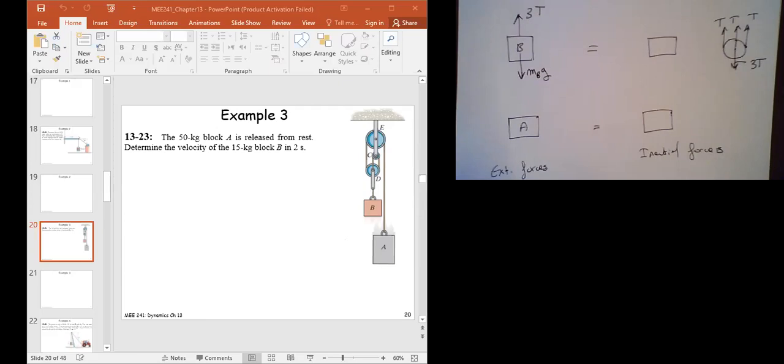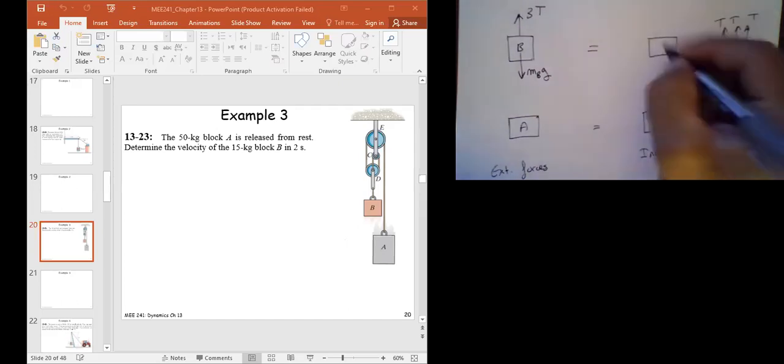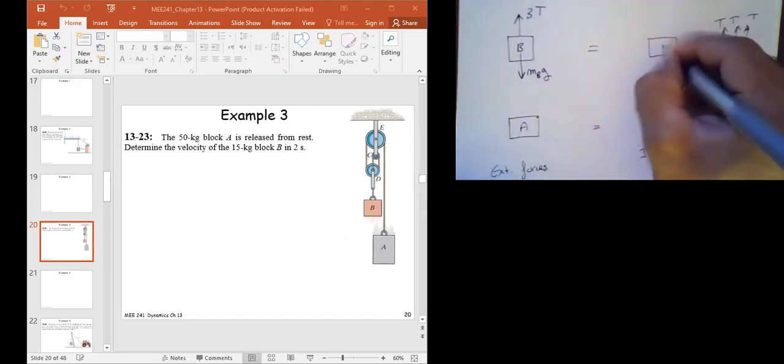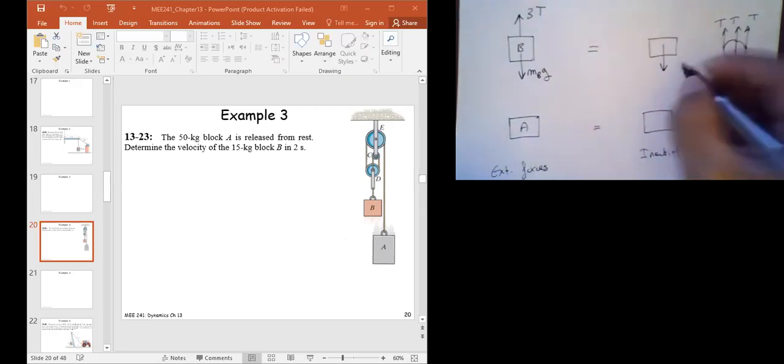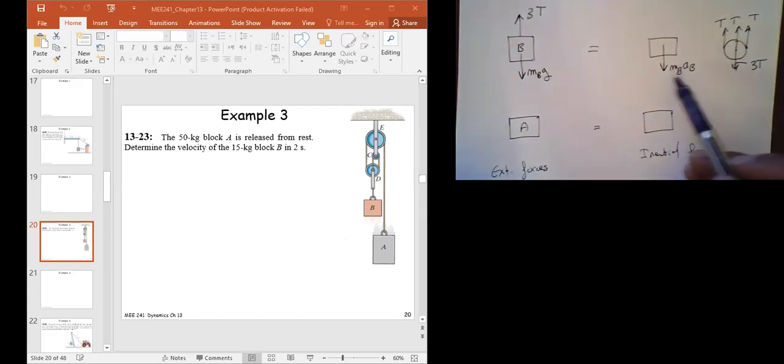We don't know, so let's assume B's acceleration is downward. If the acceleration of B is AB, then this vector here, where we put MA, is MBAB.